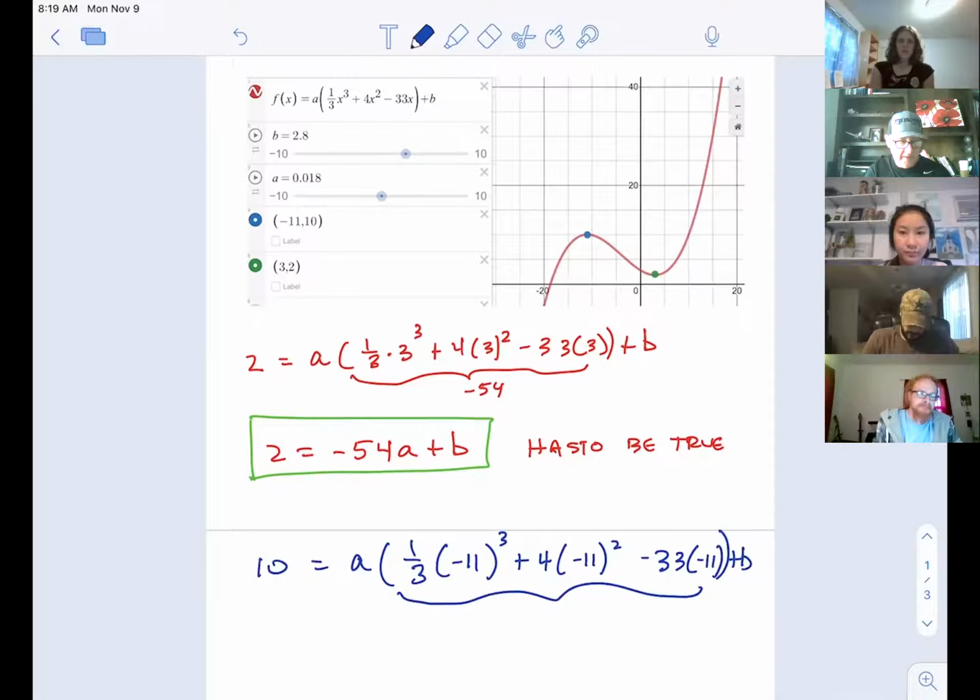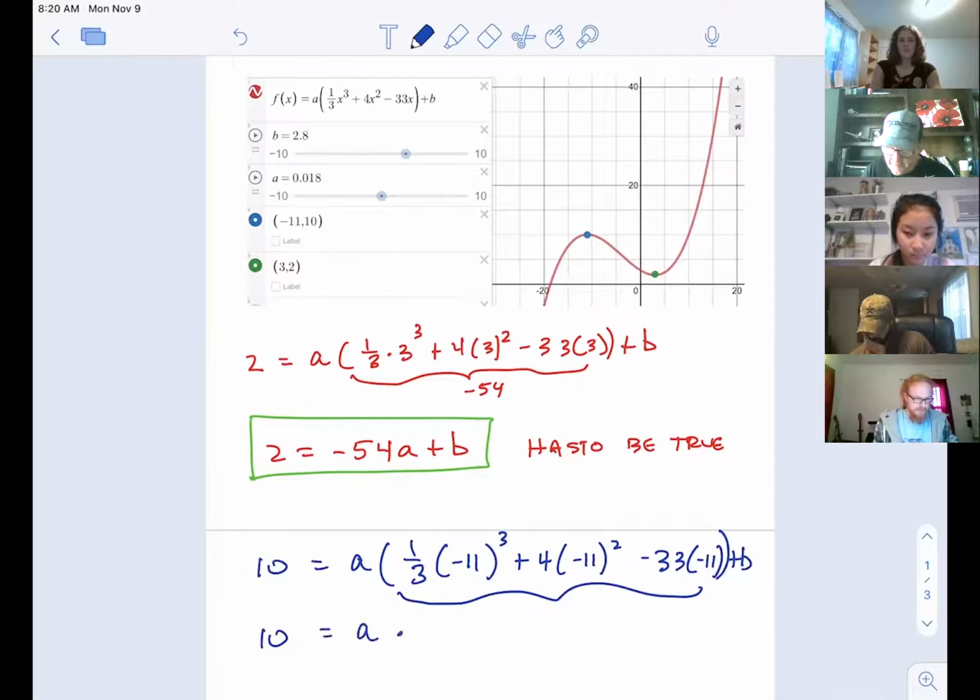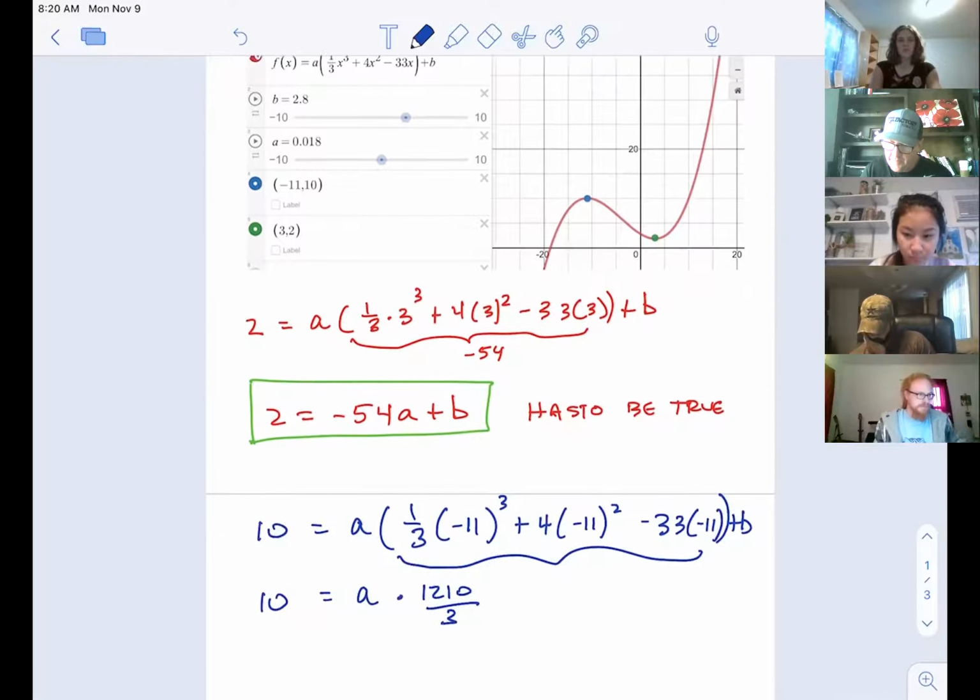So I'm taking -11 cubed and dividing it by 3. I'm adding that to 4 times -11 squared plus 33 times 11, since I can see it's a negative times a negative. And unfortunately, I got a fraction, 403 and a third. So I'm just going to cheat and use the math button on my calculator to convert that to a fraction. That's really regrettable, but I got 1,210 thirds. So it didn't come out a nice whole number like 54.